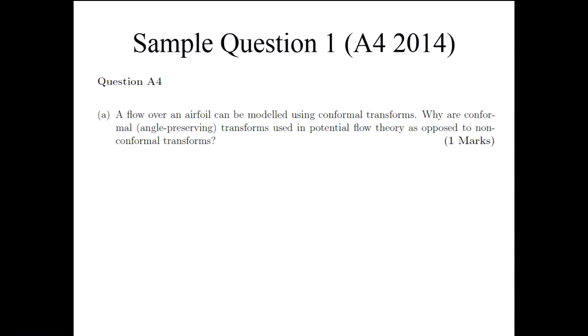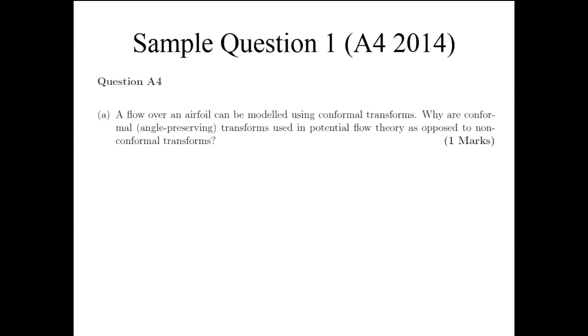And this property is preserved through transformation, which means that if a solution satisfies the governing equation, which is basically the Laplace equation in the original plane, then after transformation, this property should also be satisfied in the new plane.